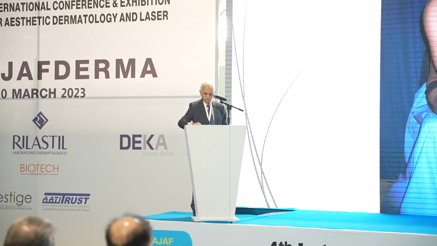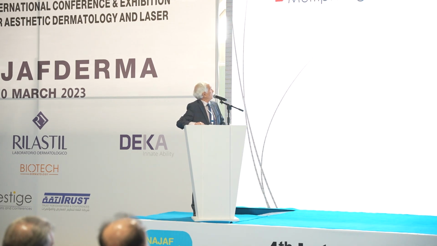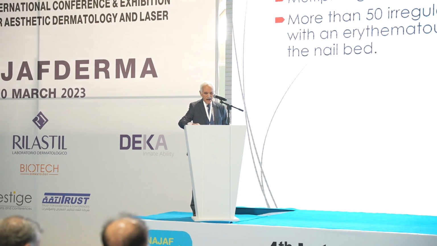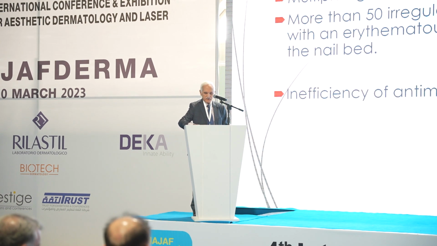So, some clues: multiple different signs are highly suggestive. When you have more than 50 irregular pits in the fingernail, onycholysis with an erythematous border and salmon patches in the nail bed. Also, the inefficiency of antimycotic treatment.